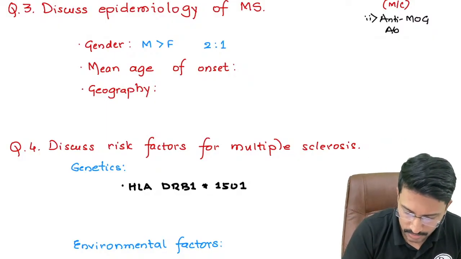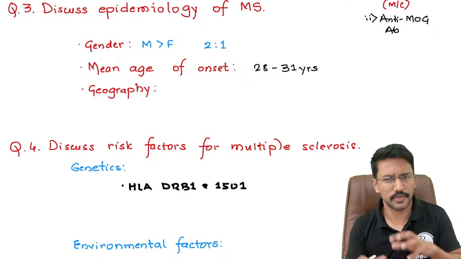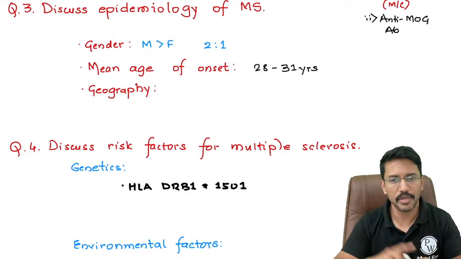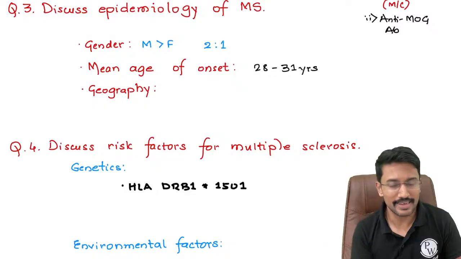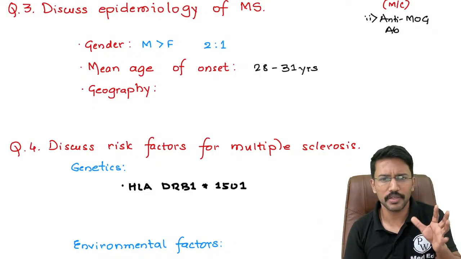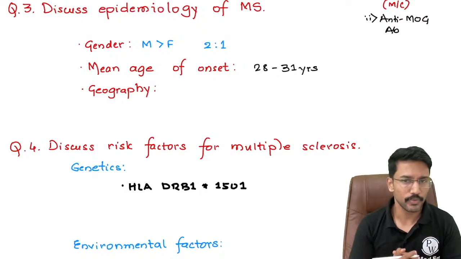So 28 to 31 years of age is the mean age of onset. That is where the first episode of demyelination happens. Remember, multiple sclerosis is a disease where demyelination happens again and again. Again and again they will go through demyelination. In the majority of patients, somewhere between 28 to 30 years of age, roughly, the first episode of demyelination happens.